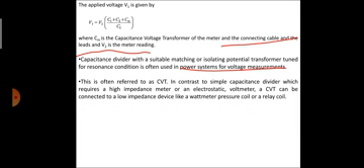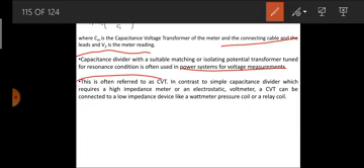A capacitance voltage transformer means a capacitance divider, and it's a voltage transformer. So a capacitance divider with a suitable matching or isolating potential transformer tuned for resonance condition is often referred to as CVT.